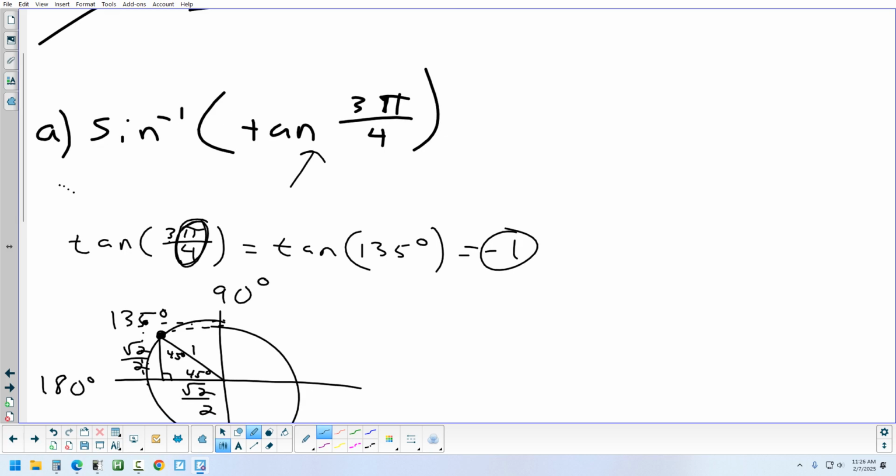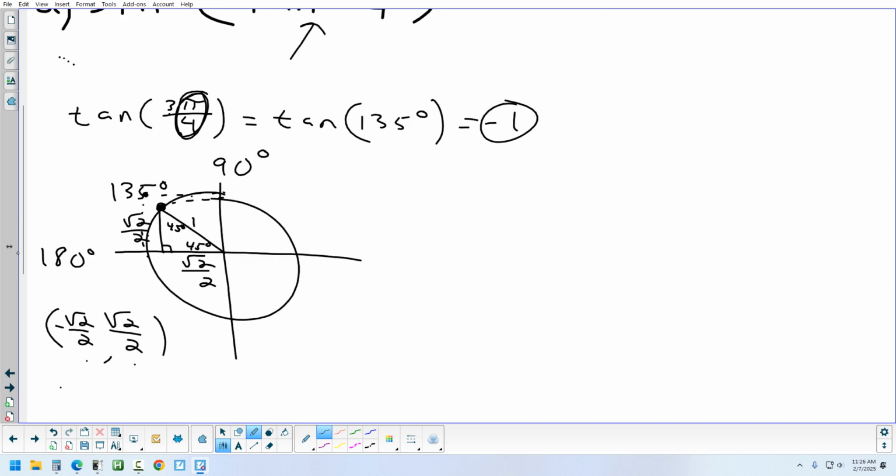Okay, so now what we want is that. That's a lot simpler question than what we started with. But that first part tied in a lot of different things. Converting radians to degrees, drawing a unit circle, figuring out the coordinate, and then using the coordinate to get the tangent.